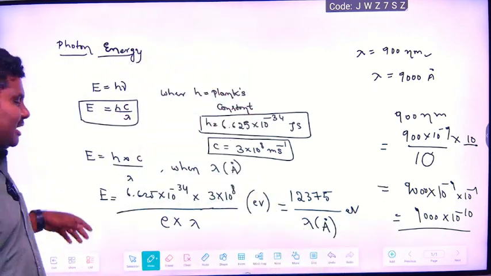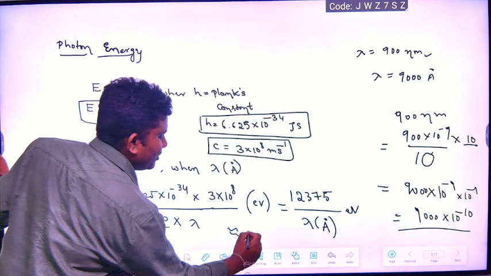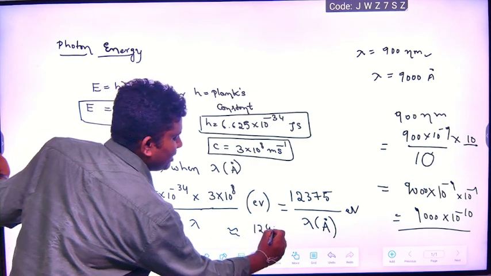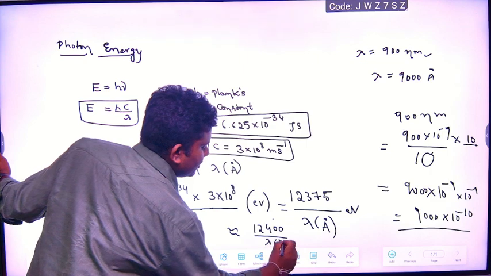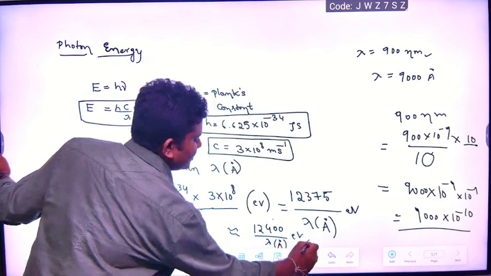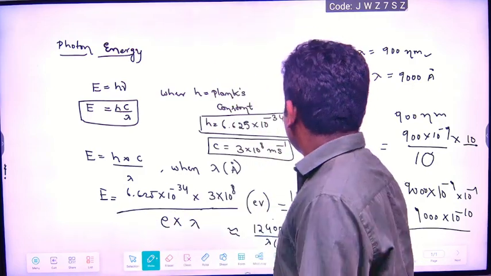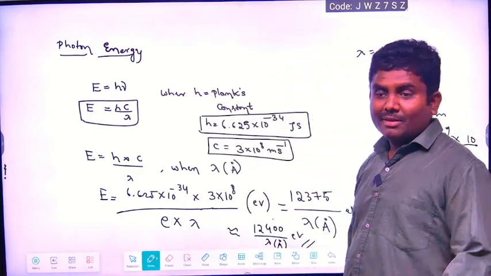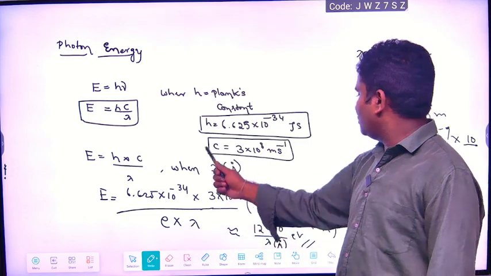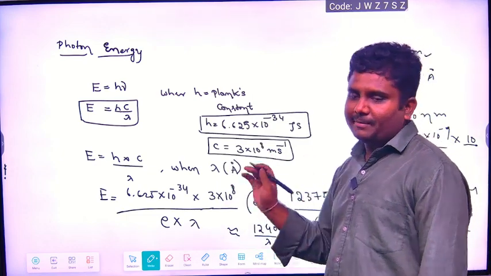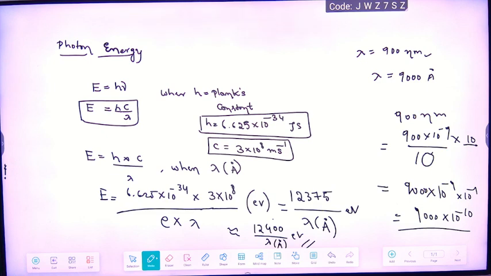This is the answer, but approximately this 375 we will make it as 400. So you will get 12400 by lambda in angstrom, in electron volts. Joules it will not come. This formula you should use only for electron volts. For joules, you need to apply the ordinary formula. Okay, please try one problem, then you will understand.